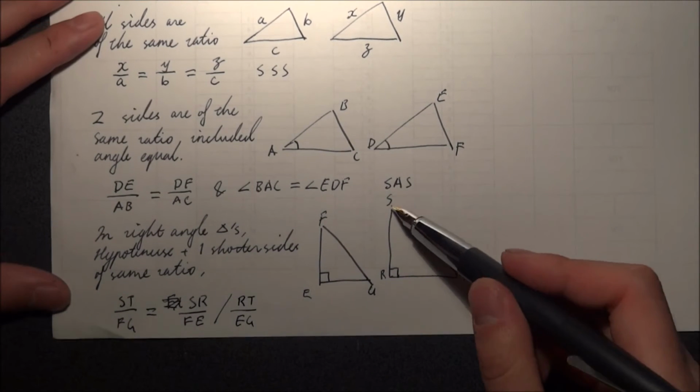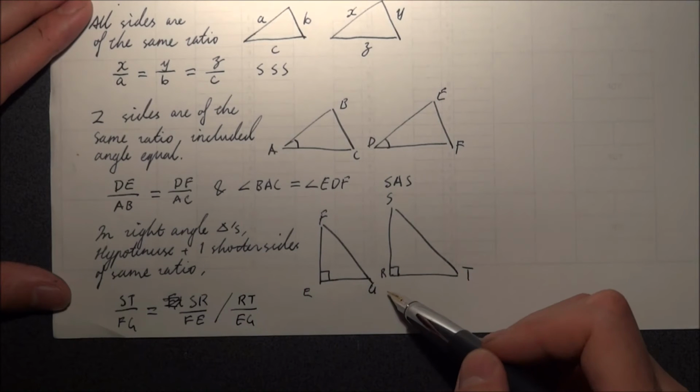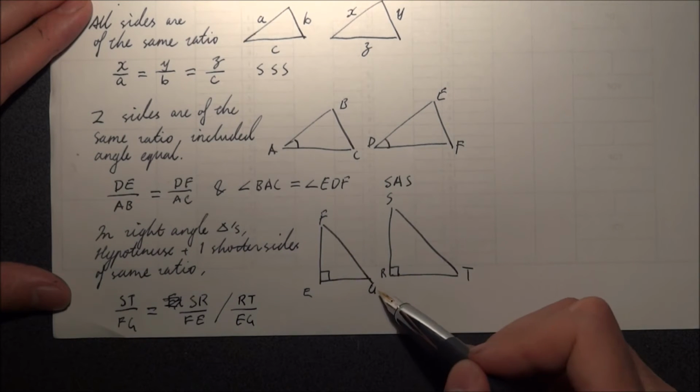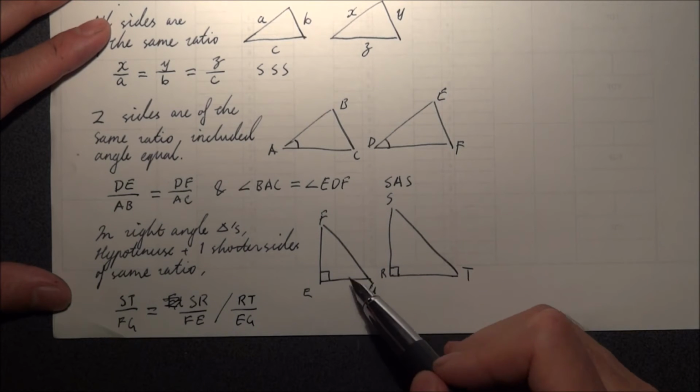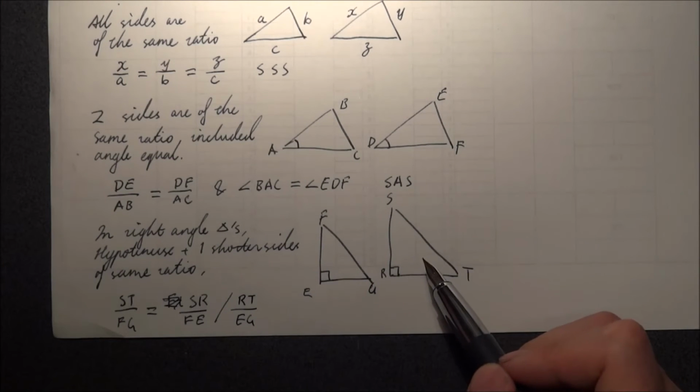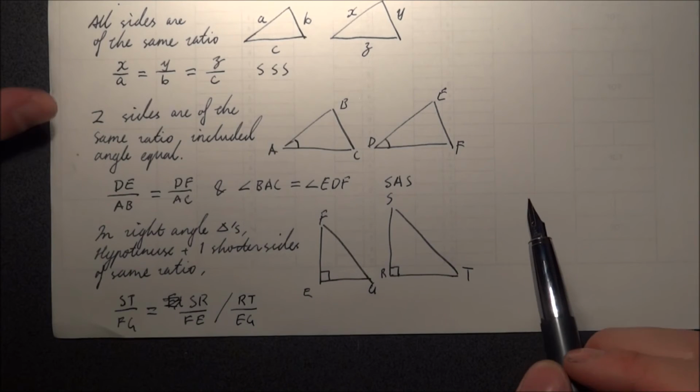So once you have the ratio between the two hypotenuses, either one of these two sides will be fine. It all depends on the condition you have been given.